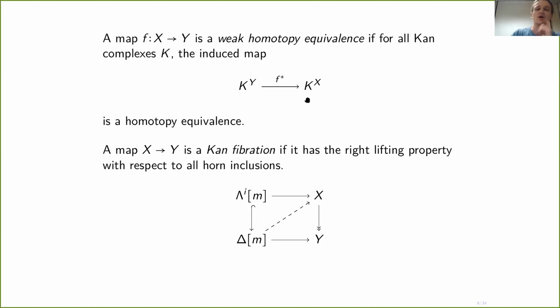Okay, so let me maybe just say that you might be familiar with other definitions of weak homotopy equivalences, say a simplicial map that becomes a homotopy equivalence upon geometric realization. So that turns out to be equivalent, at least classically. I have not looked at homotopy theory of topological spaces constructively, so I have no idea whether this would be a reasonable thing to do.